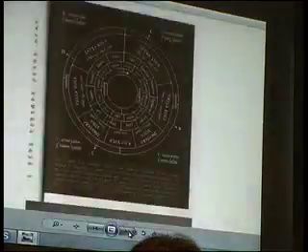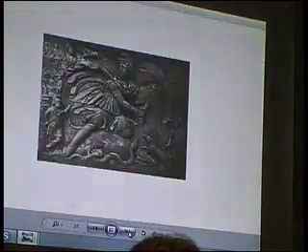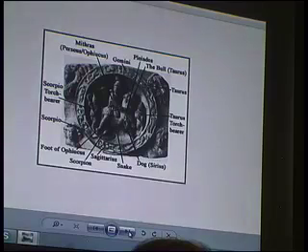Let me see if there's anything else of interest in this particular collection. There's Mithra. Mithra is the old sun god that Jesus Christ stole his birthday.